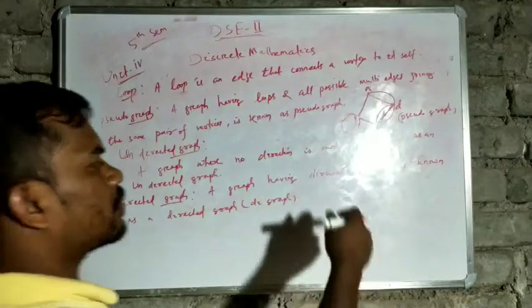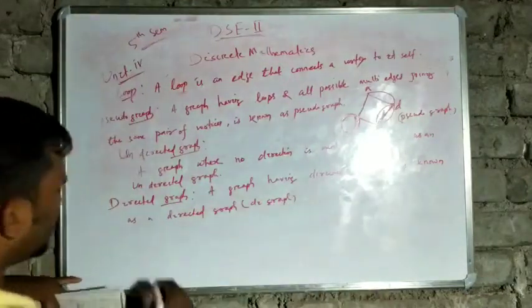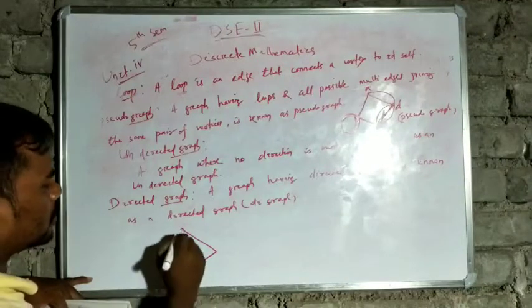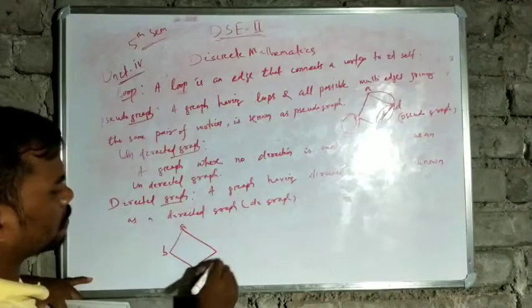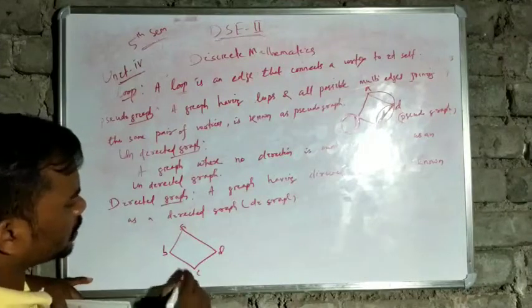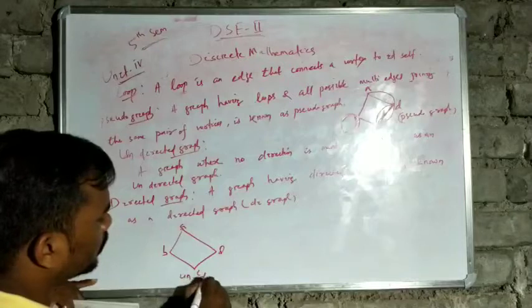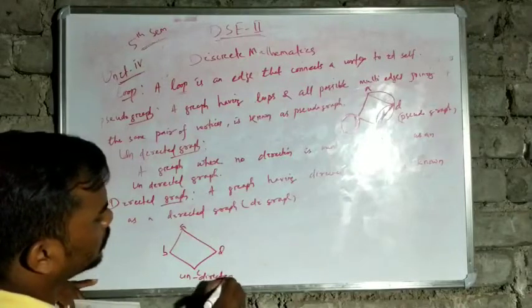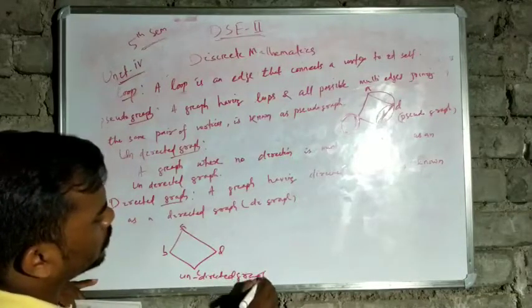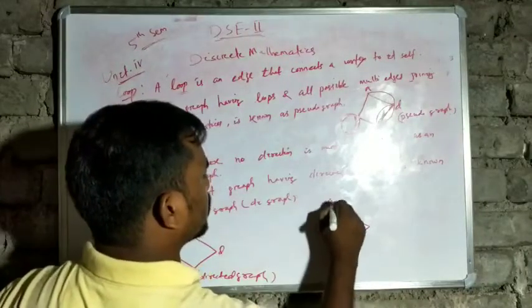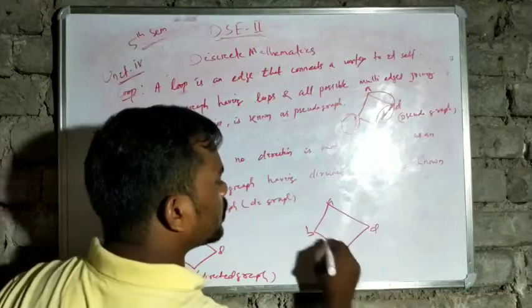So let me give some examples. This is an undirected graph because here the edges are not directed. So what is a directed graph? Suppose the same thing, we will give some direction.